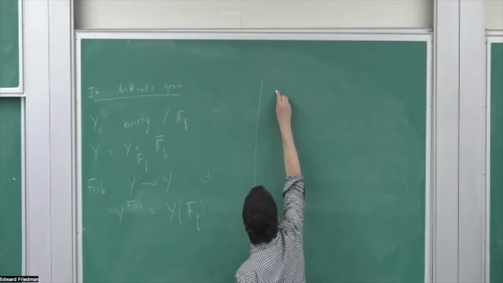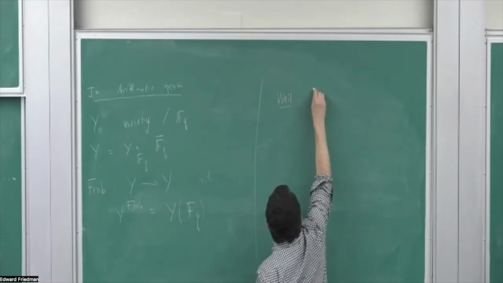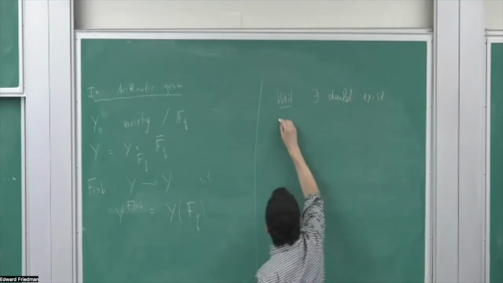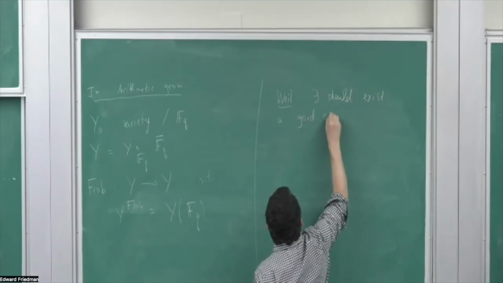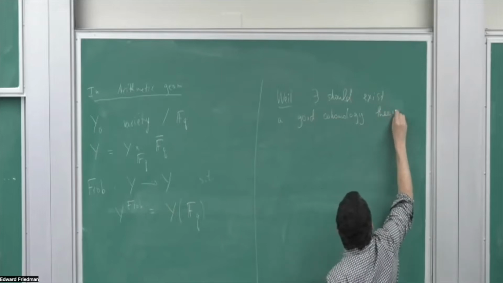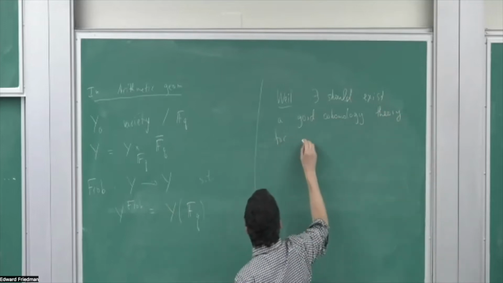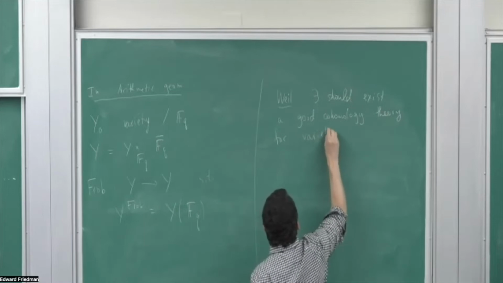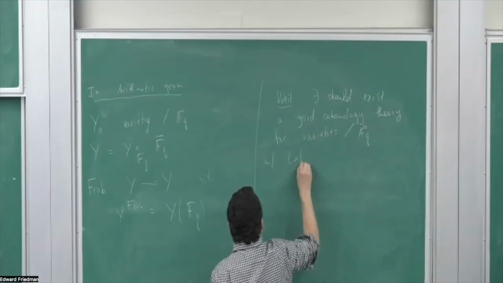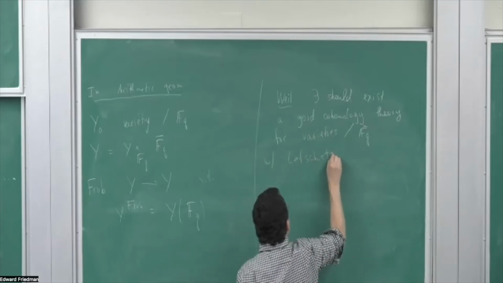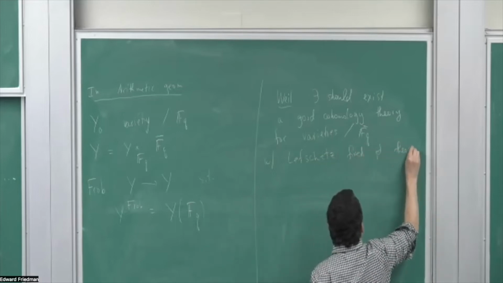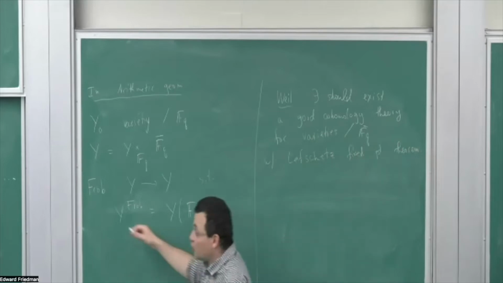And so they had this idea that there should exist a homology theory for varieties, in particular with the Lefschetz formula, and then one could apply it to the Frobenius automorphism.